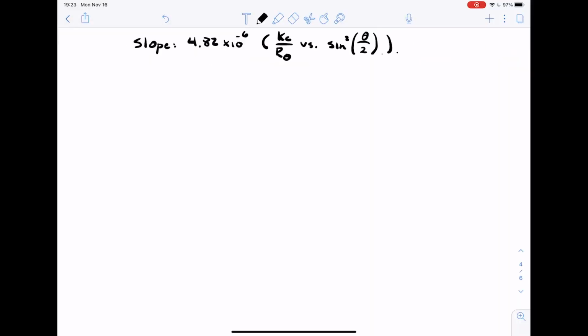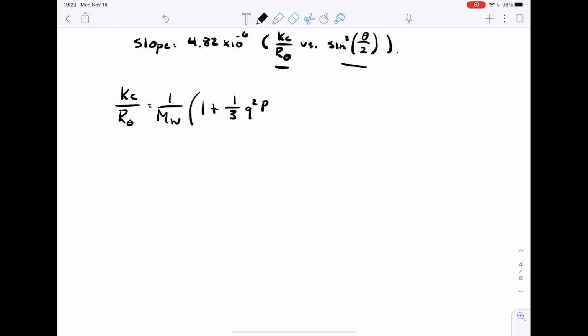Okay, so following the scattering intensity, or Kc divided by R theta, as a function of sine squared theta over 2, gives us the other slope, 4.82 times 10 to the minus 6th. Now remember that this is equal to 1 over the molecular weight times 1/3 times Q squared times Rg squared plus higher order terms.